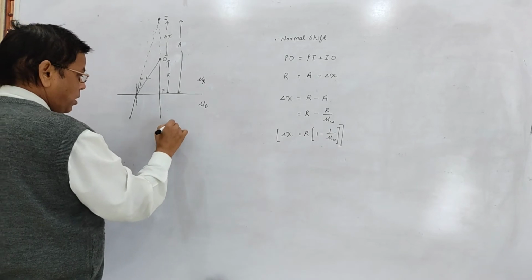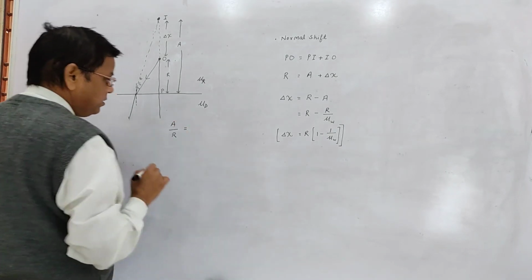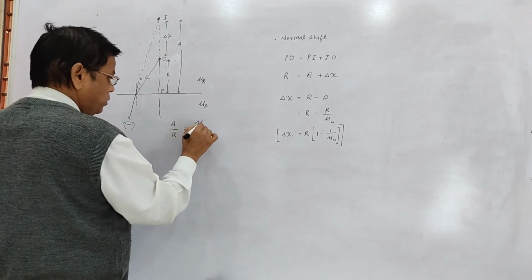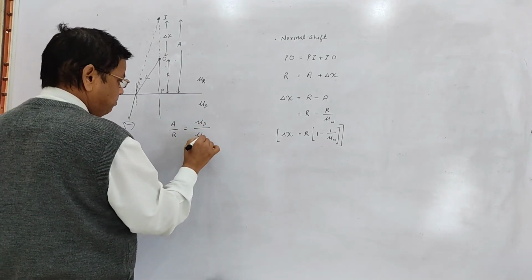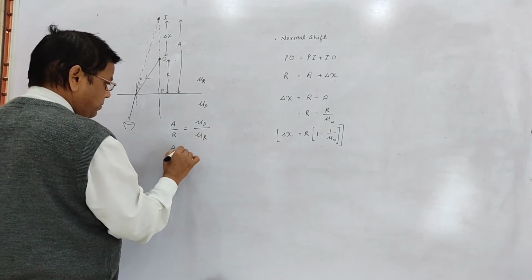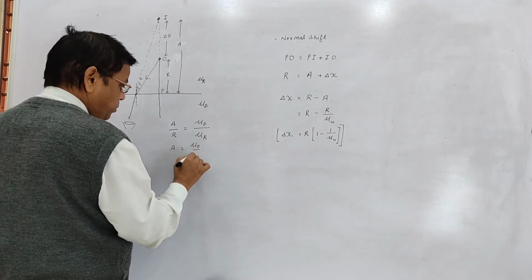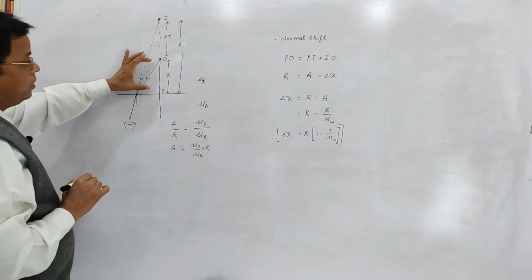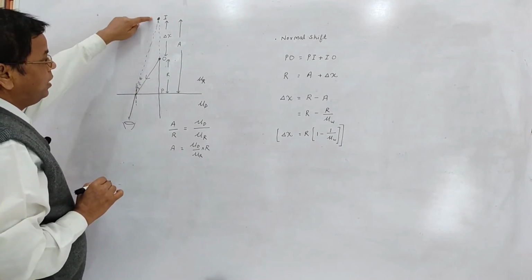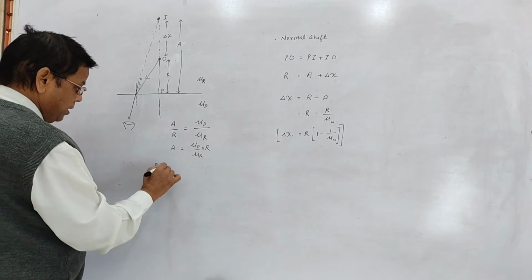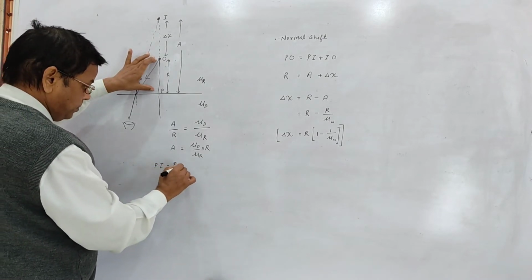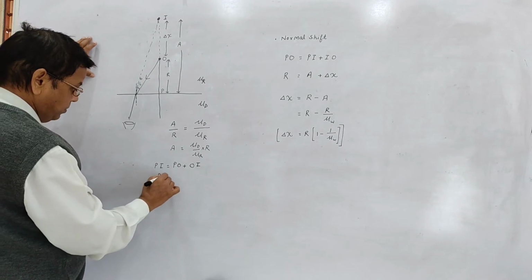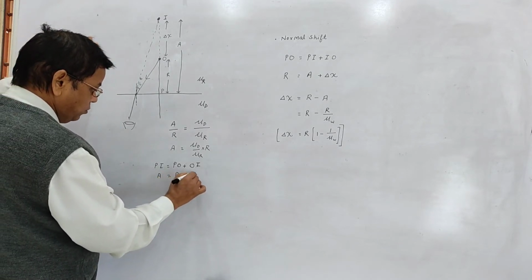Here too, apparent upon real is the refractive index of the observer medium, that is mu d, because it is being observed from here, upon the refractive index of the object medium, mu r. So A will be mu d upon mu r into R. Now for the normal shift, PO plus OI is PI. So PI is apparent height, PO is real height, and OI is the normal shift.